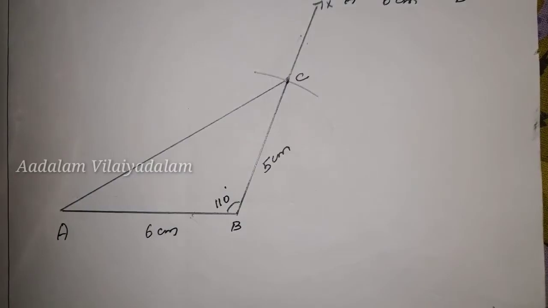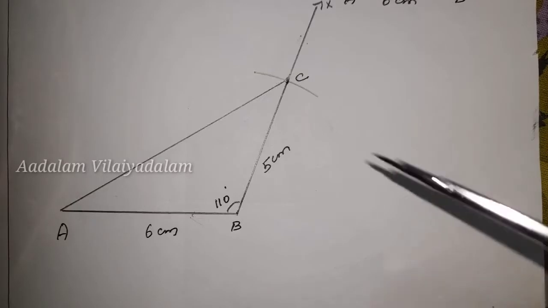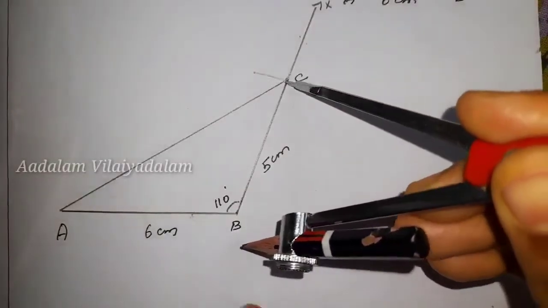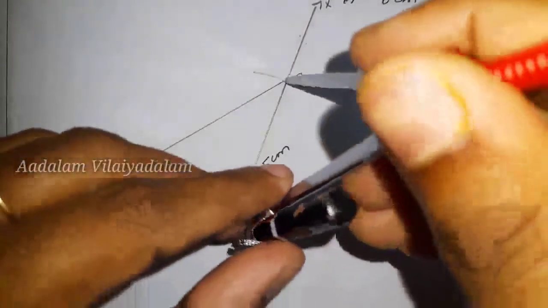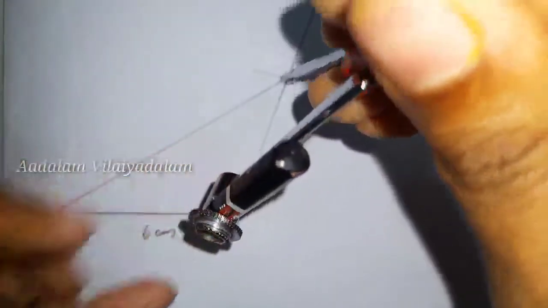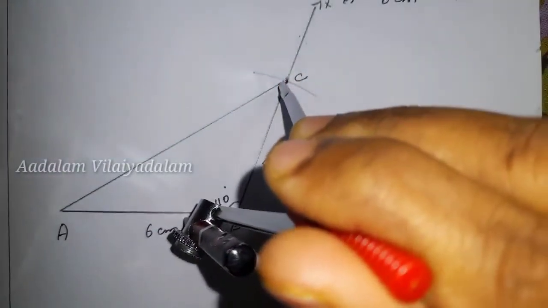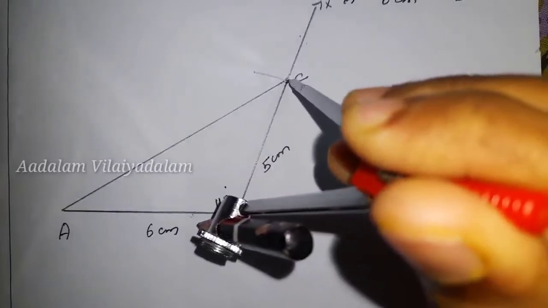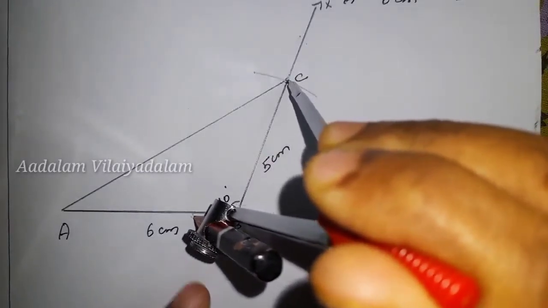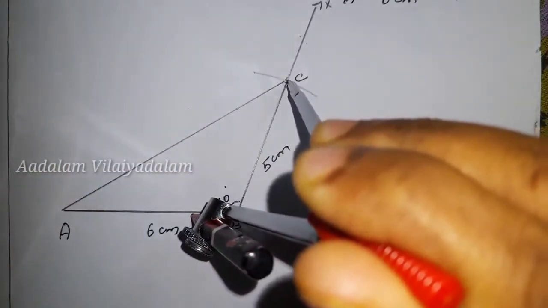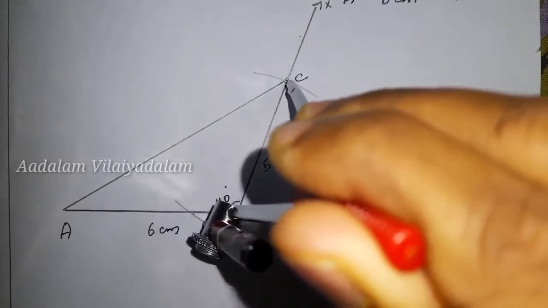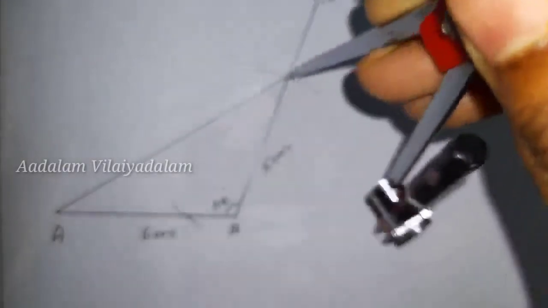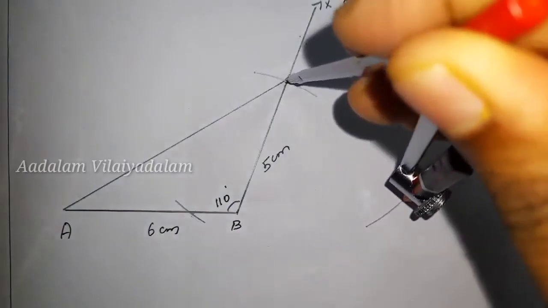Now draw the altitude of any two vertices. Here, vertex C: draw the altitude. Take an approximate distance and make the arc here and then here also.